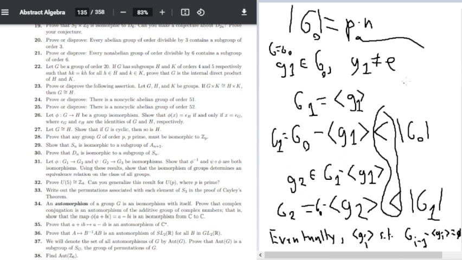Now, suppose that P does not divide G1, G2, all the way up to G(i-1).